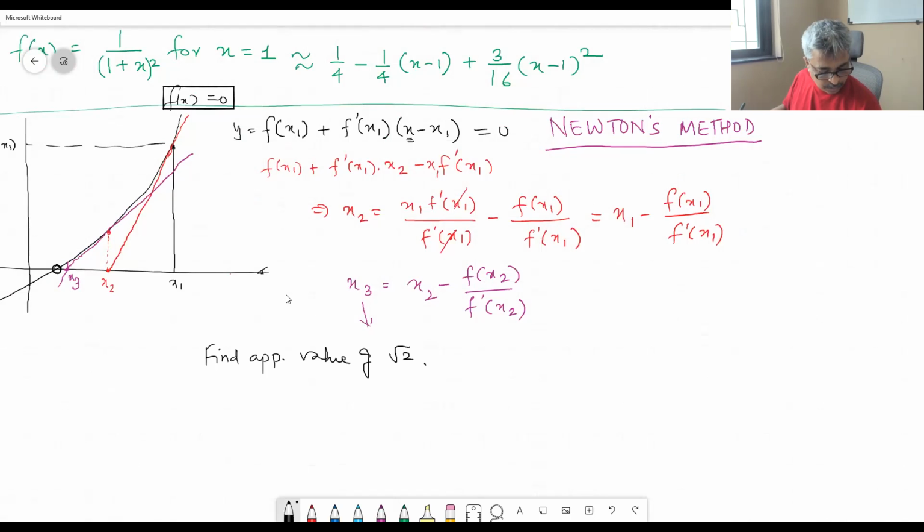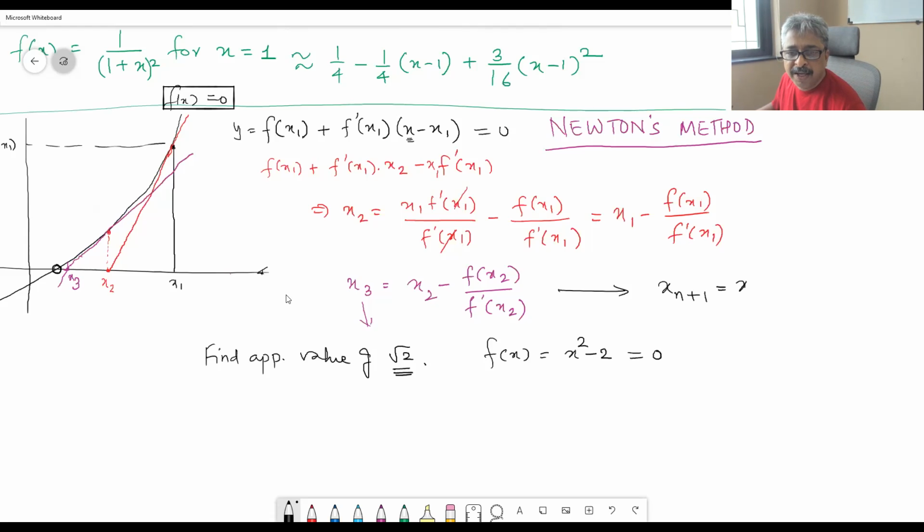Okay, so we define our function f of x as x square minus 2, which will become 0 at this value. That is root 2, where this function is going to be 0. Is that correct? Therefore, we will check. This is our formula. What is our formula now? If we use this recurrence relation, x n plus 1 is equal to x n minus f of x n upon f dash of x n.